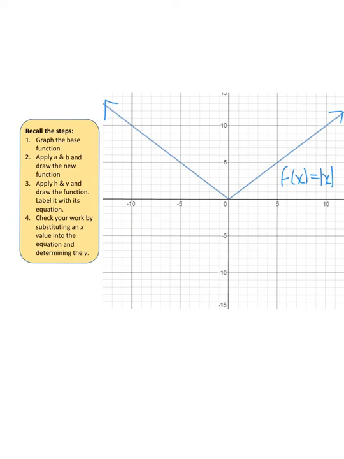So step 1 is to graph the base function. So remember the key points at (0, 0), and then (1, 1), (2, 2), (3, 3), (4, 4), (5, 5), and so on. And then the other side, (-1, 1), (-2, 2), (-3, 3), (-4, 4), (-5, 5).